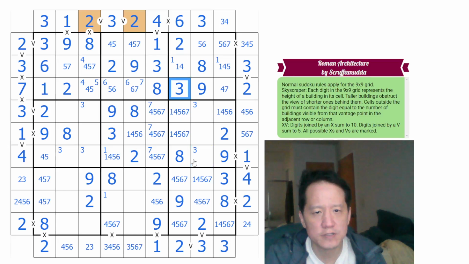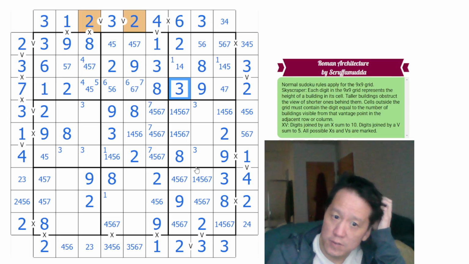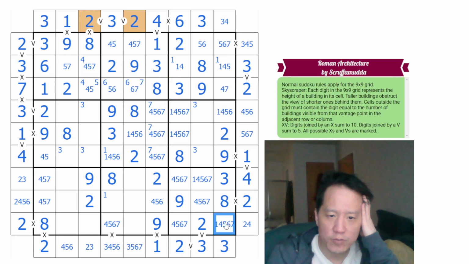Sees that one, it sees that one. This could be 1, 2. In which case that would see 4.